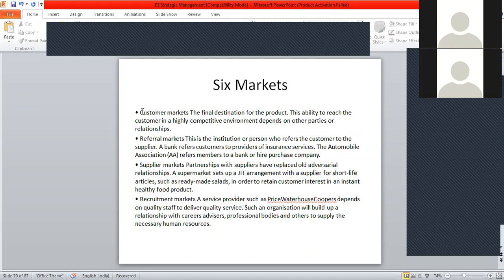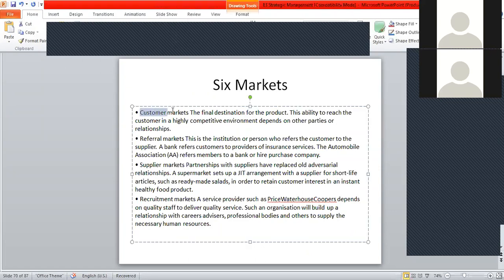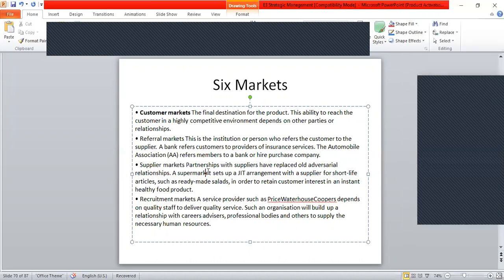Now the six markets, the first market is called the customers market. Customers market, the final destination for the product. When we are talking about supply chain as the sequence of activities starting from the supplier, the first point is the supplier and the end point is the customer. So the final destination of the product is with the customer.